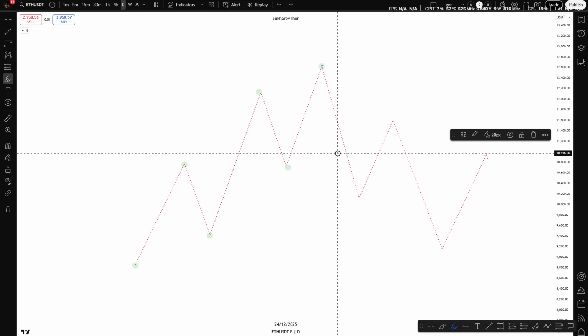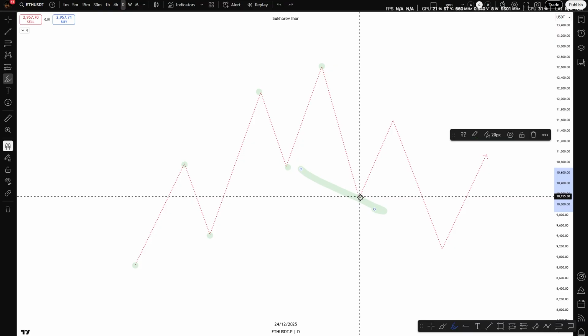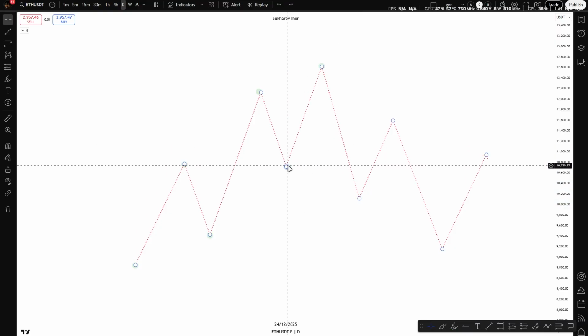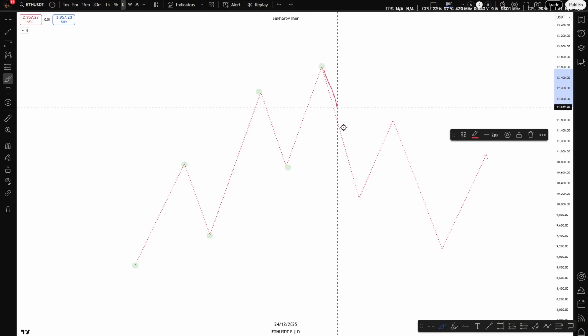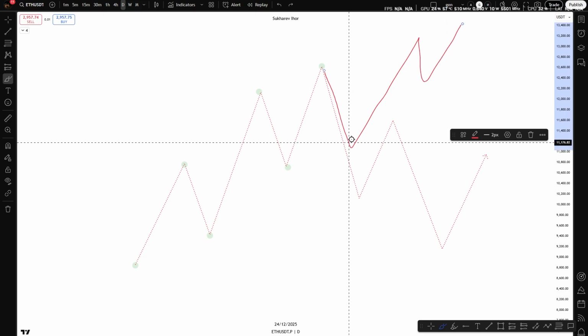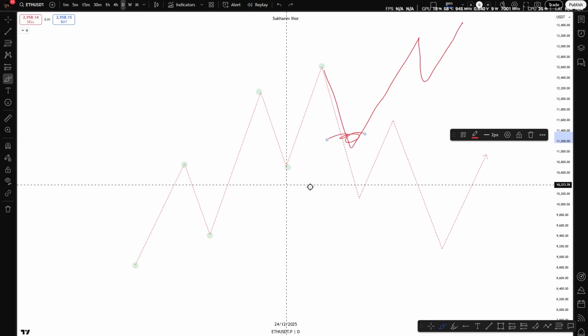You can see that at some point this lower low closed below the higher low here, because in a normal uptrend it would have gone like this, and we would see the next higher low over here, not below.